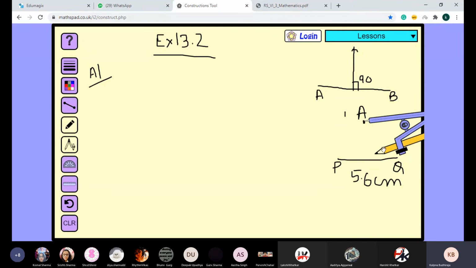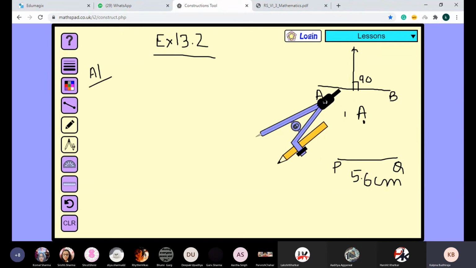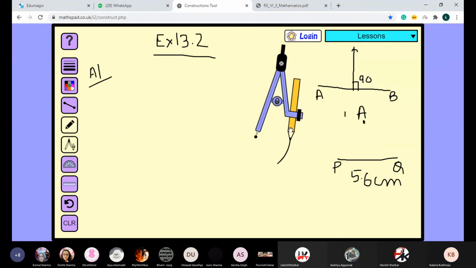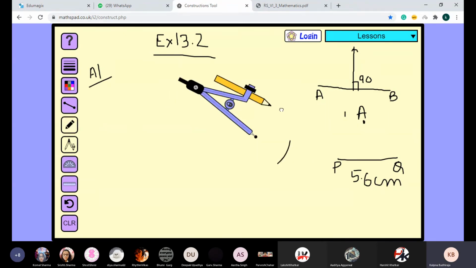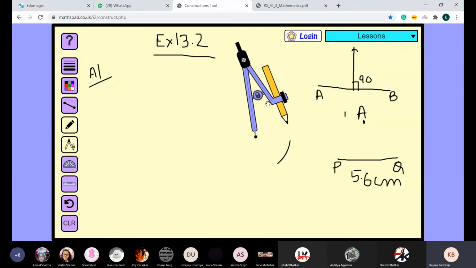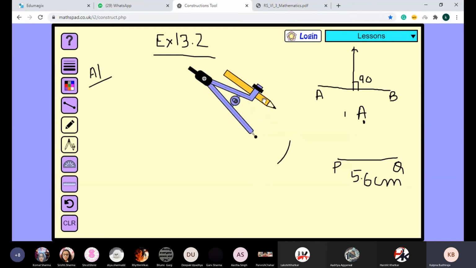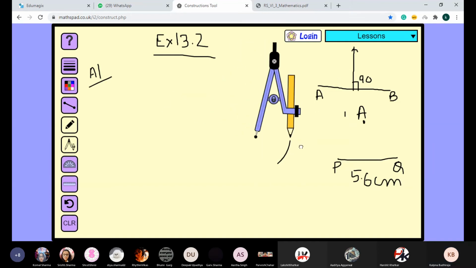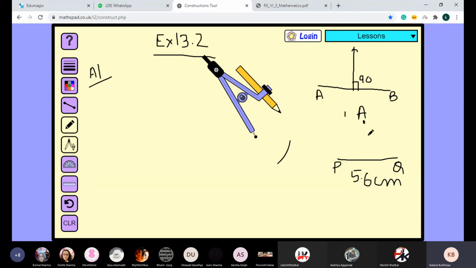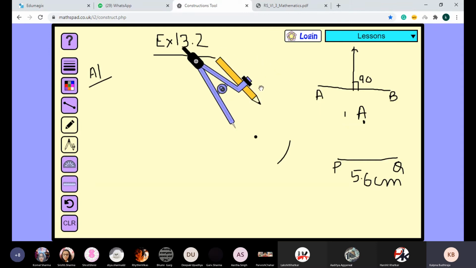Just a minute, let me open this one. You have to open this compass such that, let me first give you the rough idea. आपकी needle यहाँ पे होगी, ठीक है?